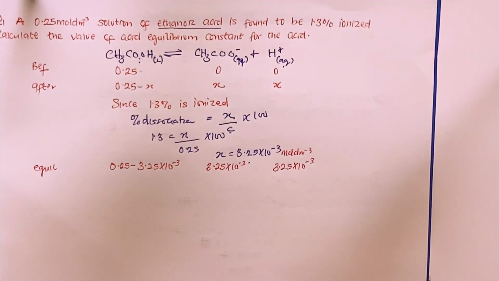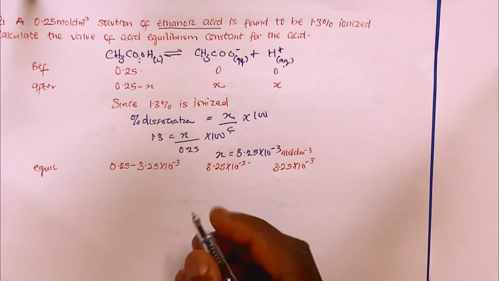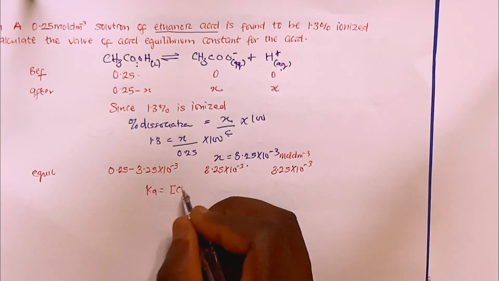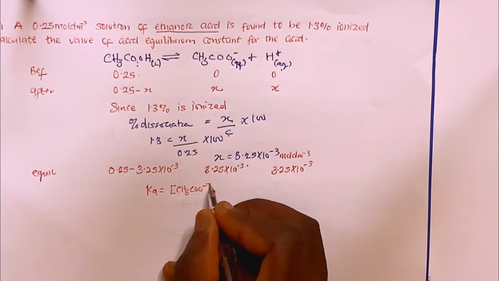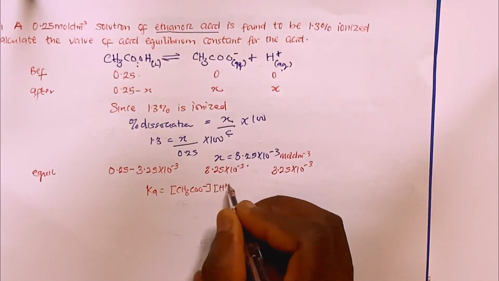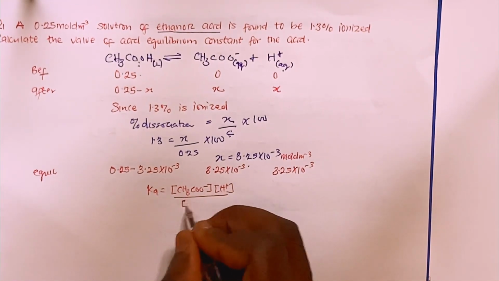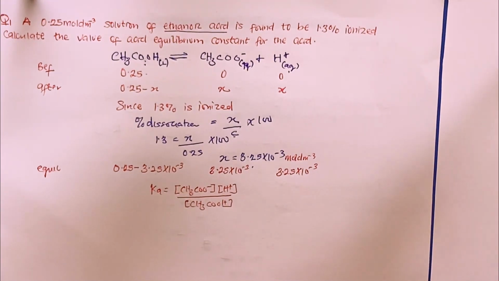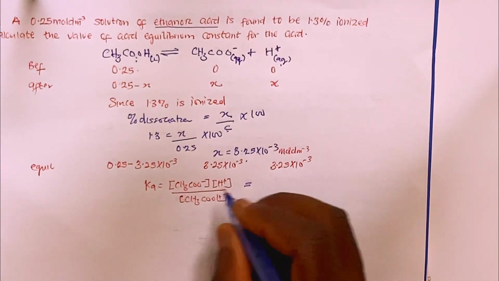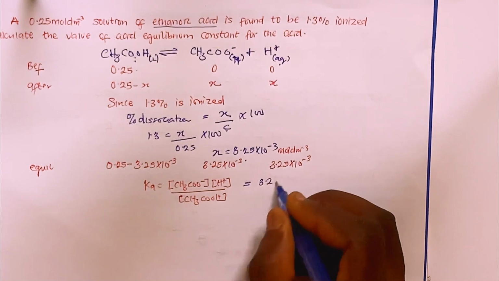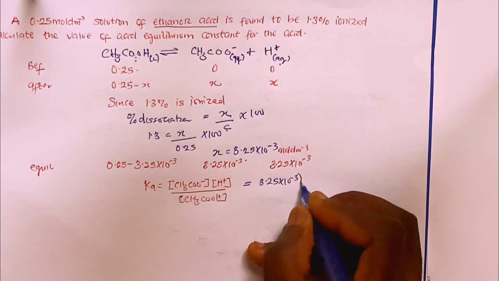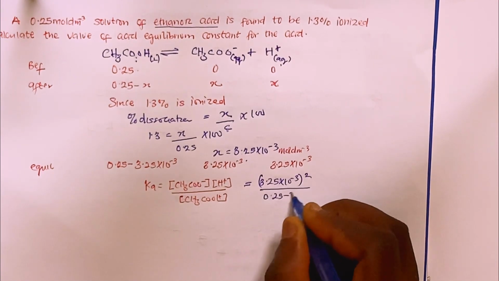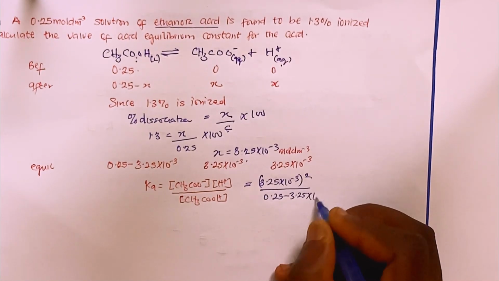Now let's apply the Ostwald dilution principle. Here my Ka equals the concentration of CH3COO minus, which is my base, multiplied by the hydrogen ion, divided by CH3COOH. So my Ka equals 3.25 times 10 to the minus 3, all squared, divided by 0.25 minus 3.25 times 10 to the minus 3.